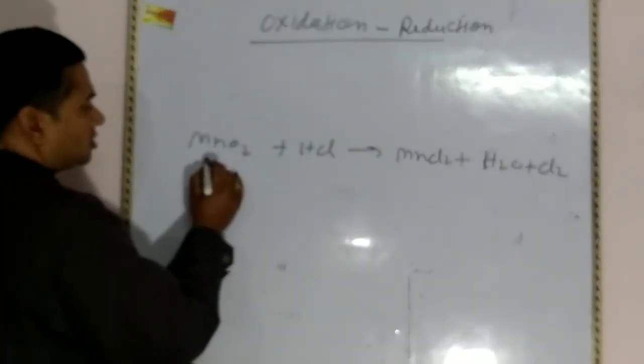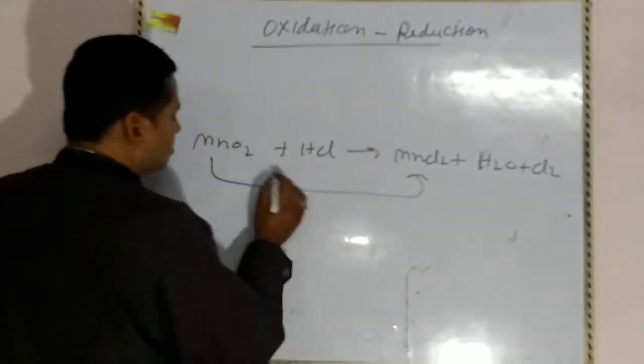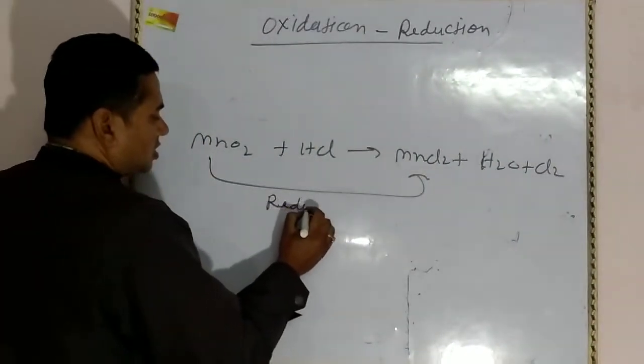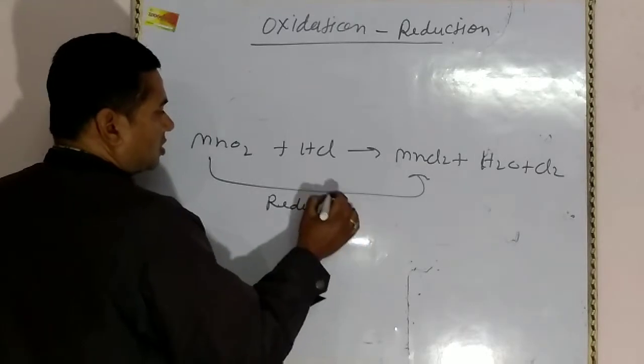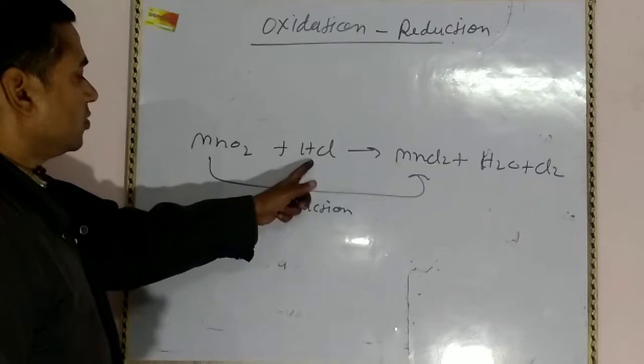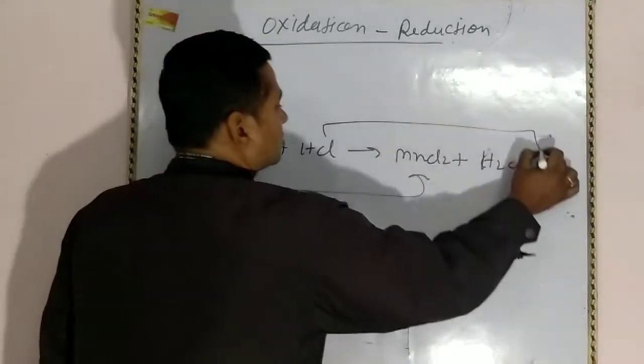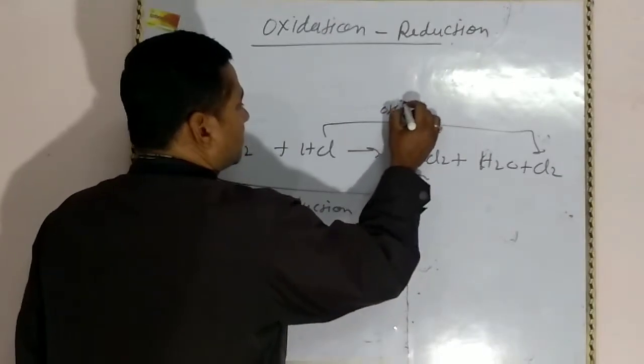Here, removal of oxygen, this is reduction, and here in HCl removal of hydrogen, so this is oxidation.